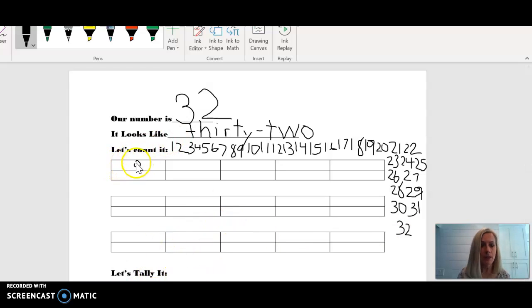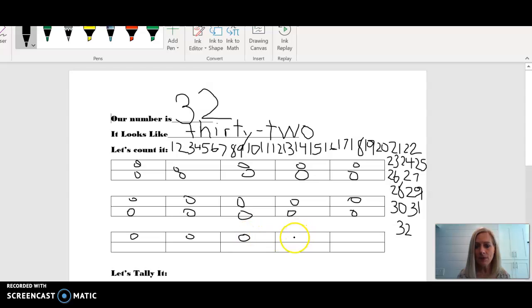All right, here we go. Count with me again. 1, 2, 3, 4, 5, 6, 7, 8, 9, 10, 11, 12, 13, 14, 15, 16, 17, 18, 19, 20, 21, 22, 23, 24, 25, 26, 27, 28, 29, 30, 31, 32.